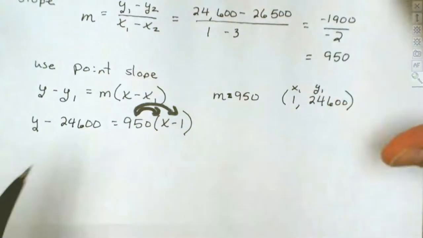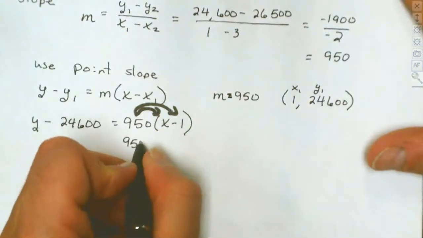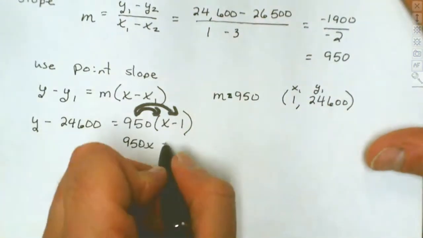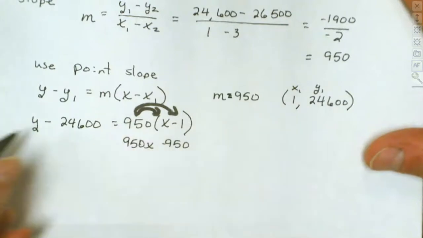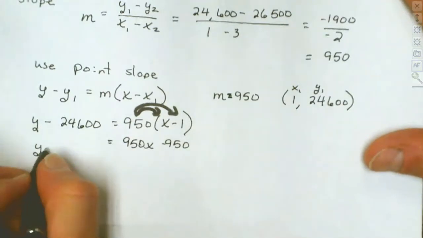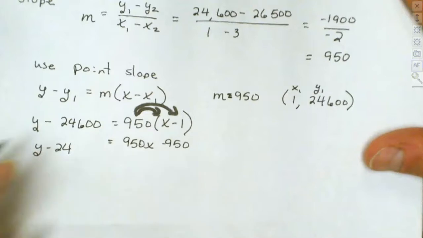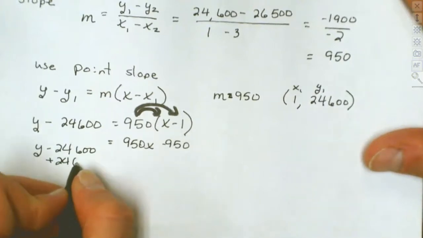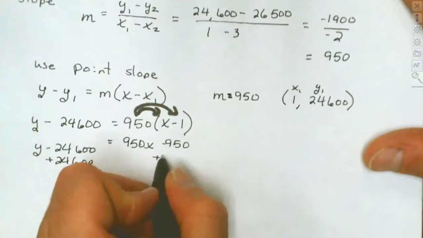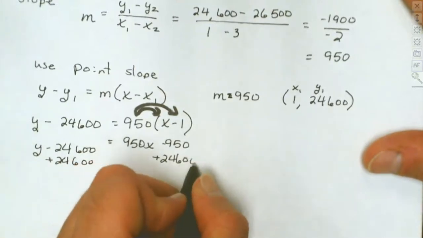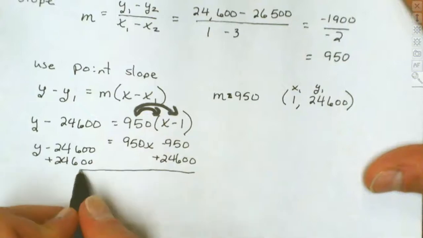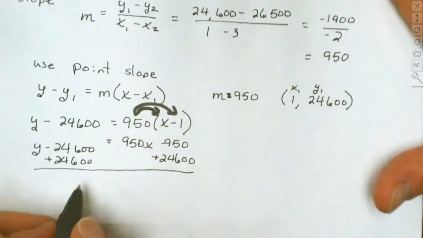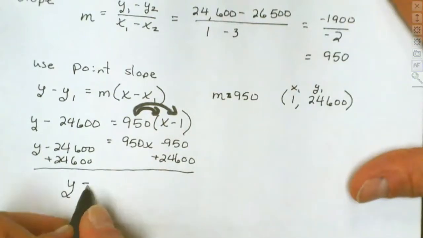And that leaves you with 950x minus 950. The other side is y minus 24,600. We're going to add that 24,600 to each side. And then we're done with the first half. So that gives us our equation then.